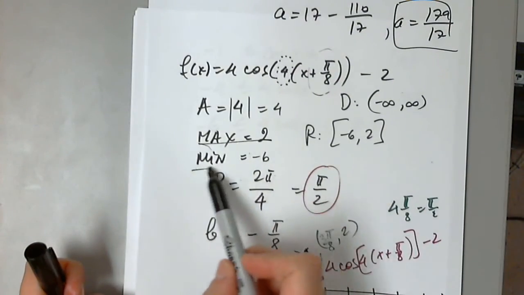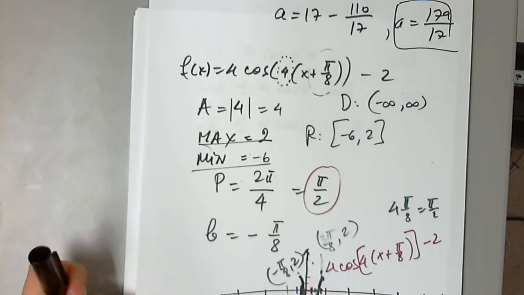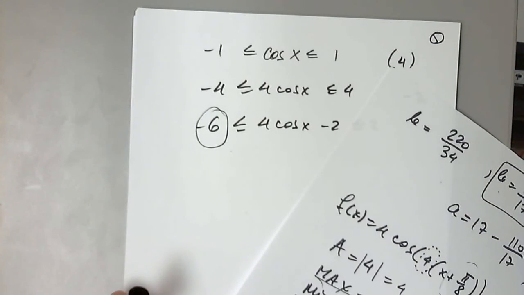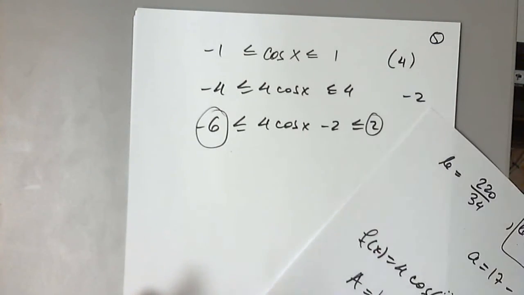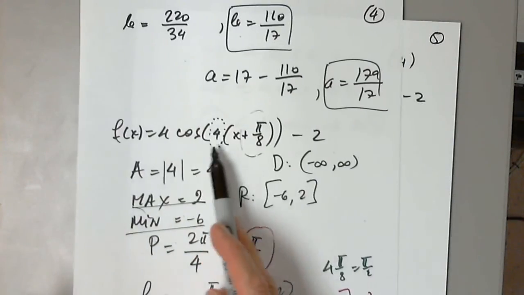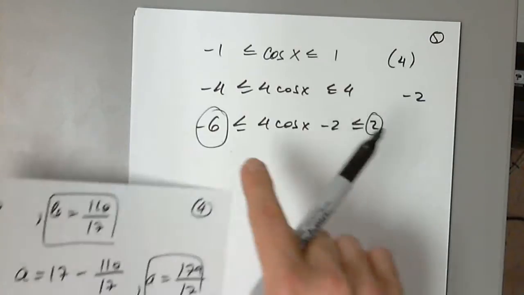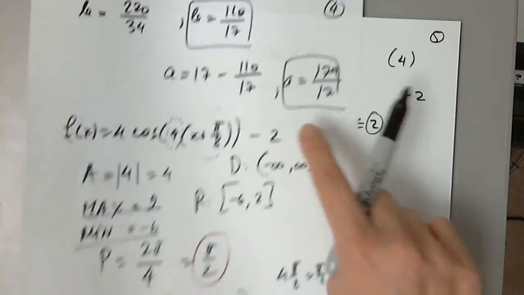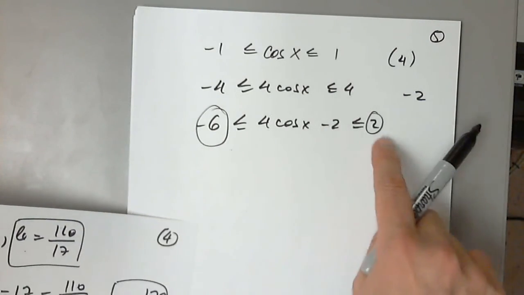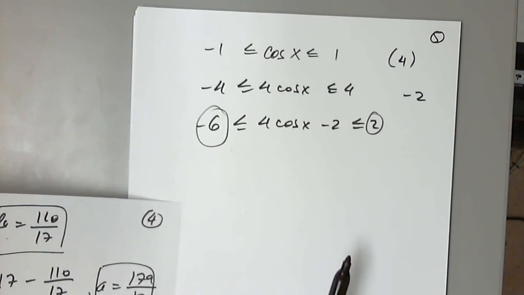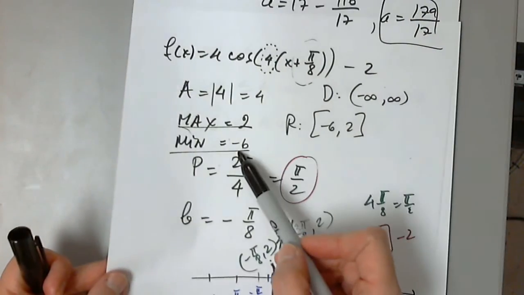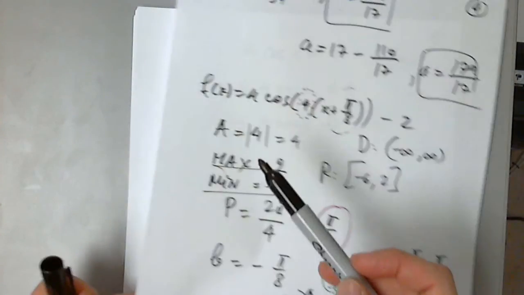Because you want to find the maximum and the minimum. So here's your minimum, and here's your maximum for this function. This is between -1 and 1. I multiplied all three sides by 4, and I subtracted 2 from all three sides to find the minimum and the maximum. Minimum -6, maximum 2.